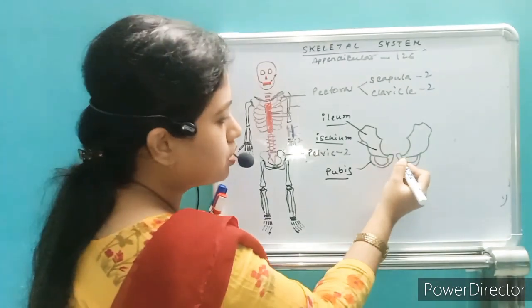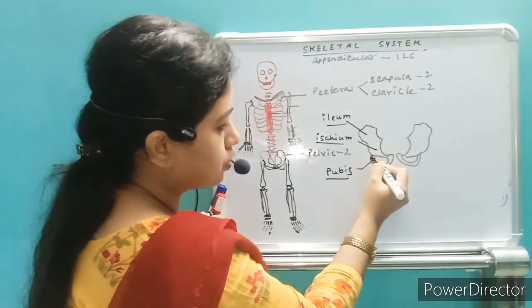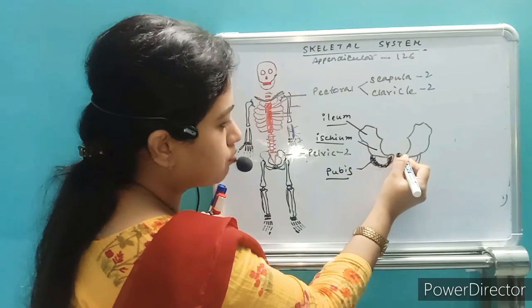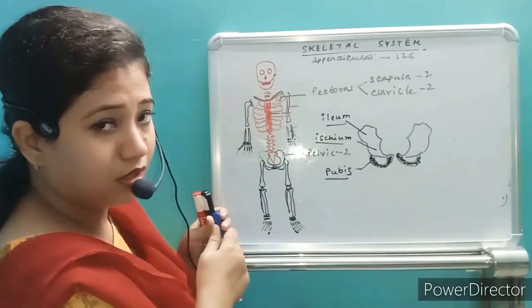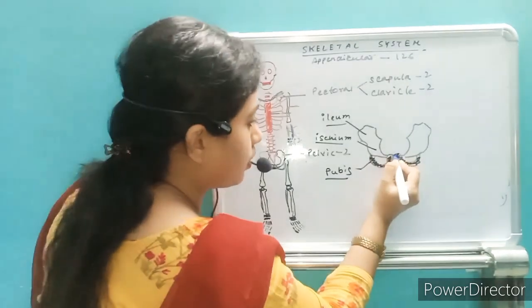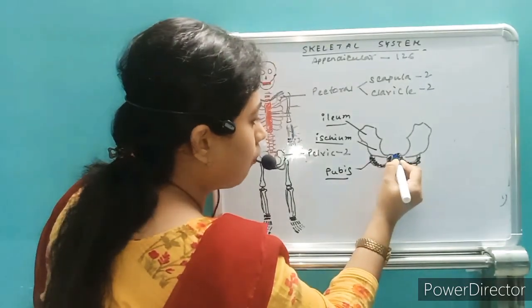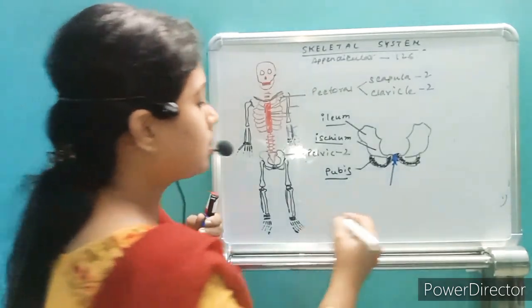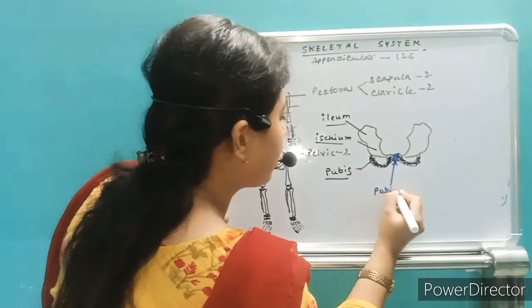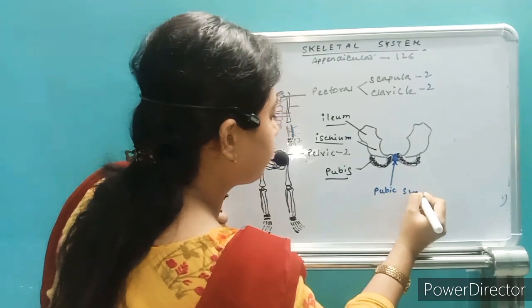Both this pubis here and this other pubis bone here are attached to each other so tightly by one wide fibrous tissue, which is called the pubic symphysis.